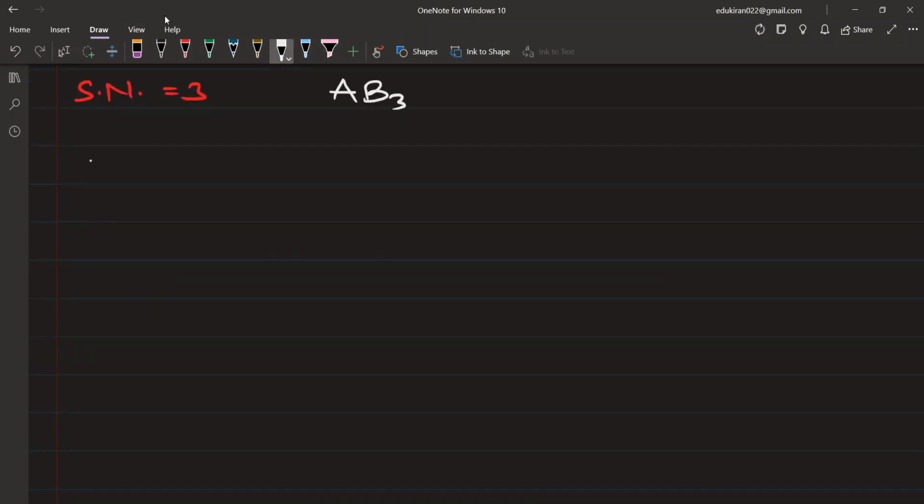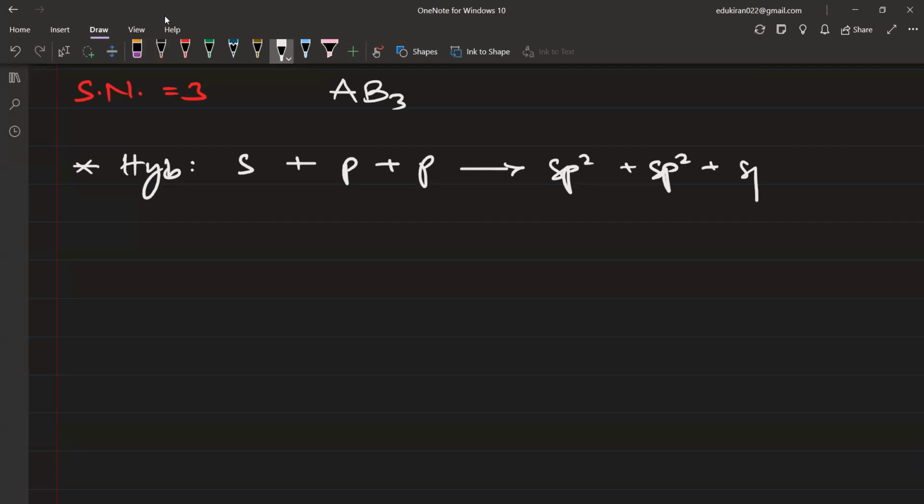Now for this, the hybridization is sp2. And how is sp2 made? One s plus two p is going to give you sp2 plus sp2 plus sp2.